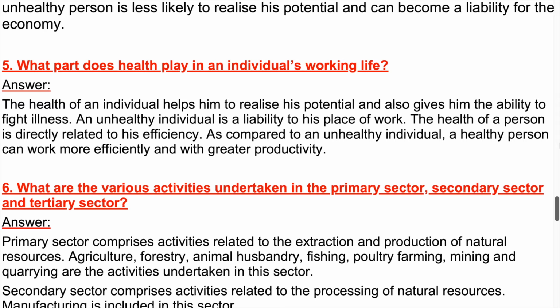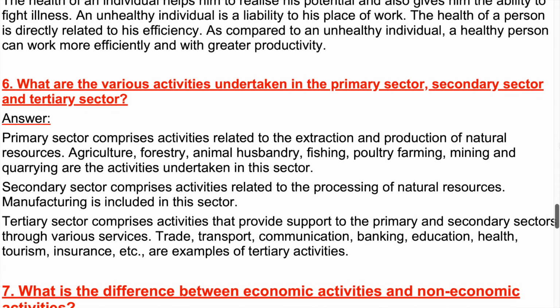6. What are the various activities undertaken in the primary sector, secondary sector and tertiary sector? Answer. Primary sector comprises activities related to the extraction and production of natural resources. Agriculture, forestry, animal husbandry, fishing, poultry farming, mining and quarrying are the activities undertaken in this sector.